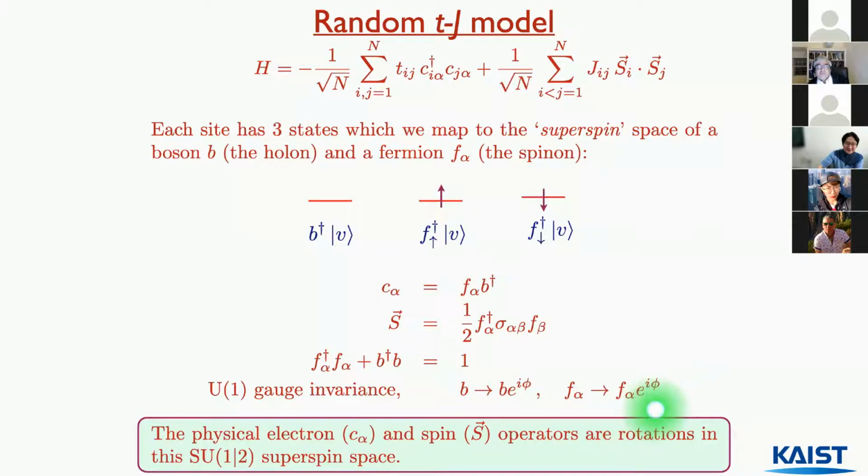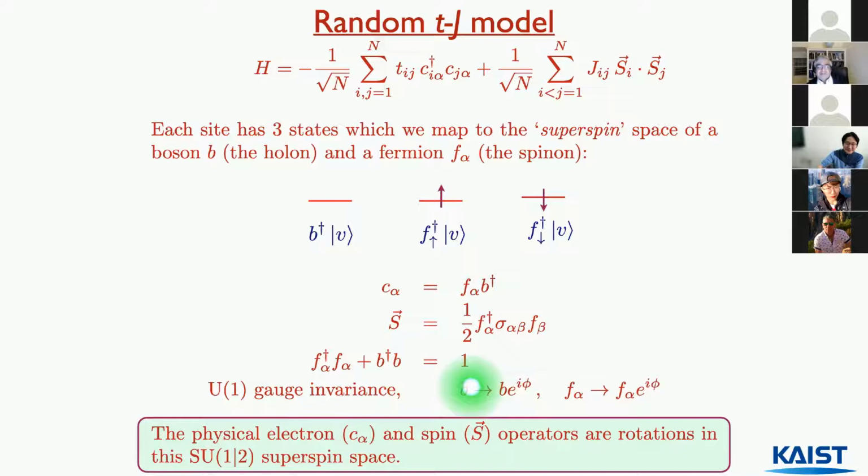One perspective that's very useful here is to think of these three states as the states of a superspin, in this SU(1|2) superspin space, because there's one boson and two fermions. That's the 1 and the 2. The slash separates the bosonic from the fermionic directions. It's sort of like the group SU(3), but it's SU(1|2) because some of the commutators become anti-commutators. I could rewrite the Hamiltonian using these holon and spinon operators, and if you solve the theory exactly, I haven't done anything.